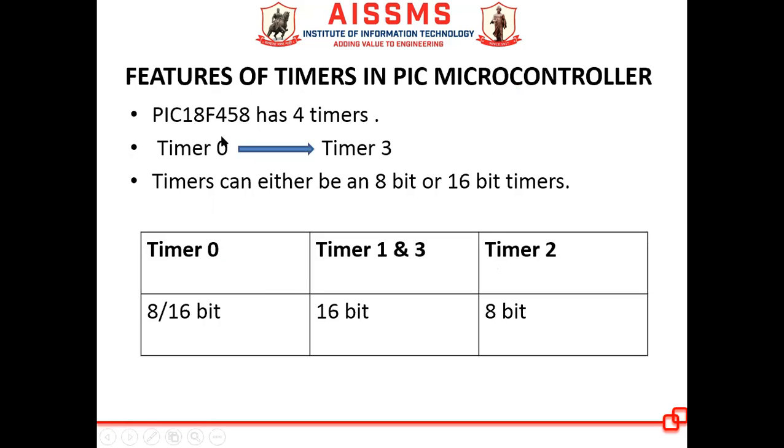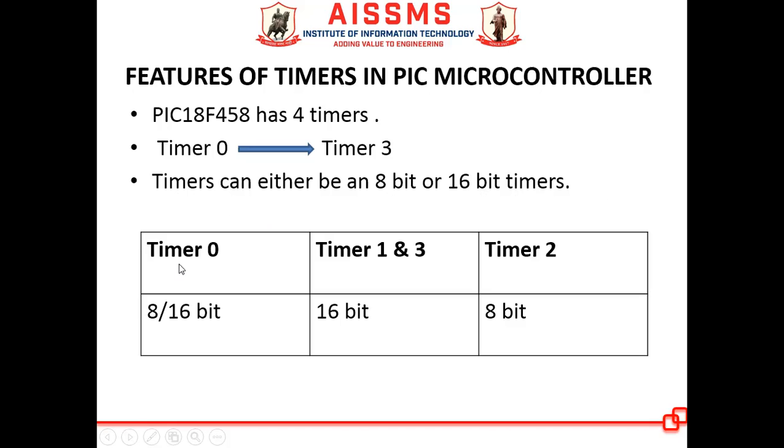Now, as far as PIC 18 microcontroller is concerned, the controller that we'll be taking a look at is PIC18F458. It has 4 timers, and the names of the timers are timer 0, timer 1, timer 2, and timer 3. Now, these timers can either be 8-bit or 16-bit. So, some of them are configurable. So, either you can make it to work as 8-bit timers, or you can make it to work as a 16-bit timer.